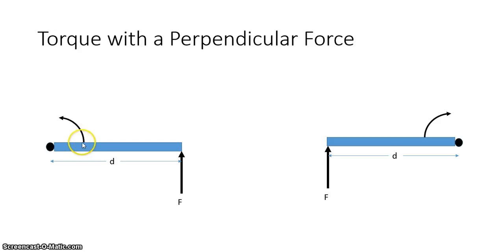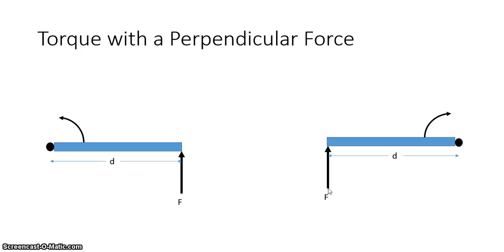So in this case, this body will tend to rotate in this direction, and this body here, if it's fixed here and the force is applied here, and the distance between where it's fixed and where we have the force is equal to d, then this will tend to rotate going in this direction. Okay, and so that's if you apply a perpendicular force.